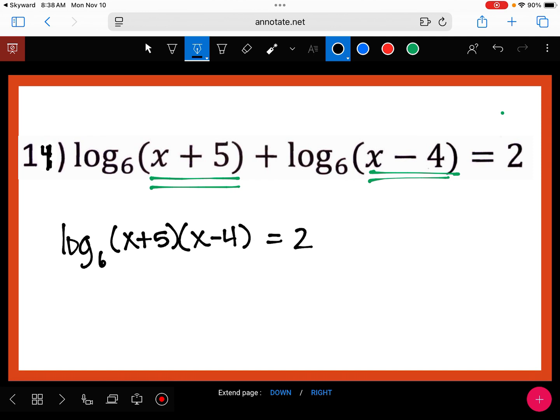But you need to figure out what you get when you multiply that off together. So I'm going to go ahead off to the side. Go ahead and make your box and see what you get. Because you have to multiply two binomials together. And then after you multiply it, then you're going to do your rewrite. 6 squared equals whatever you got.